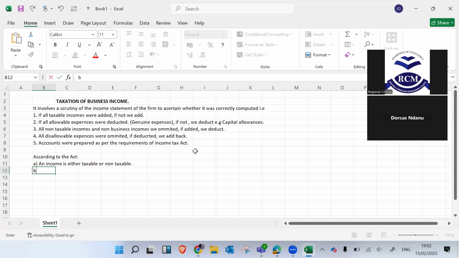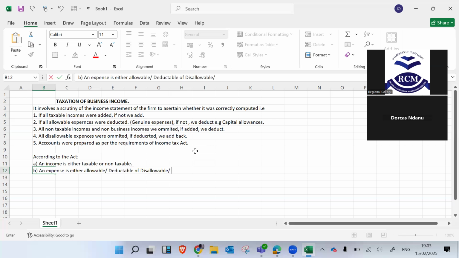Number B, an expense is either allowable, which is the same as deductible, or disallowable.